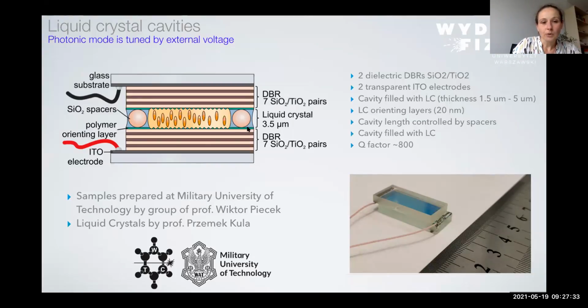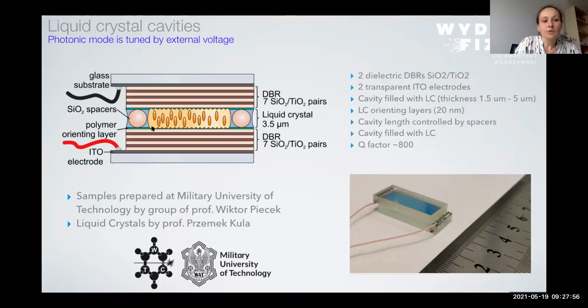Then we fill the cavity with liquid crystal molecules. The liquid crystal molecules can be considered as elongated molecules, and we can align them initially by putting an orienting polymer on both sides of the mirror.